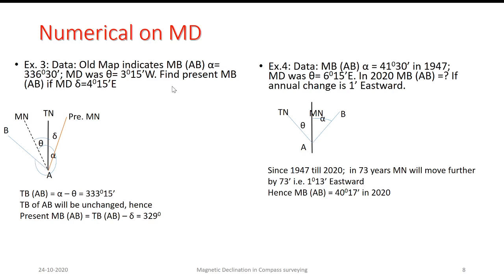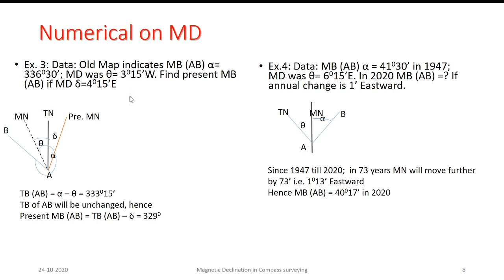Now, further it is asked that as on today, the magnetic declination is 4 degrees 15 minutes east, whereas on the earlier day of survey, the magnetic declination was 3 degrees 15 minutes west.